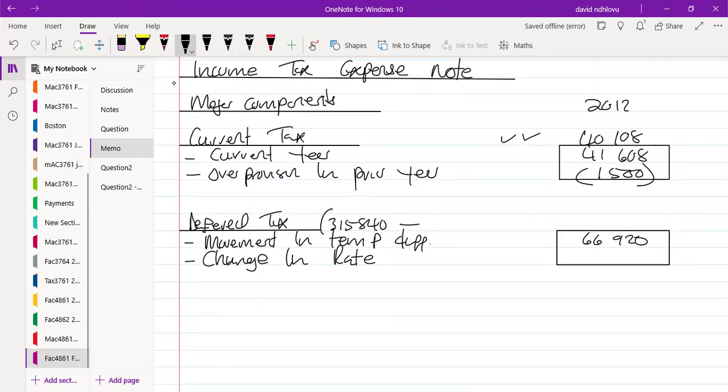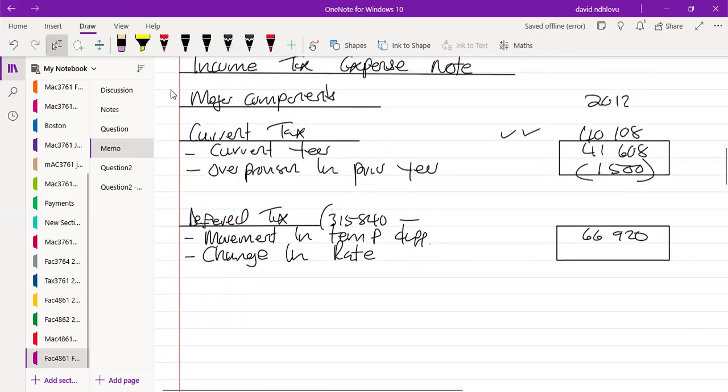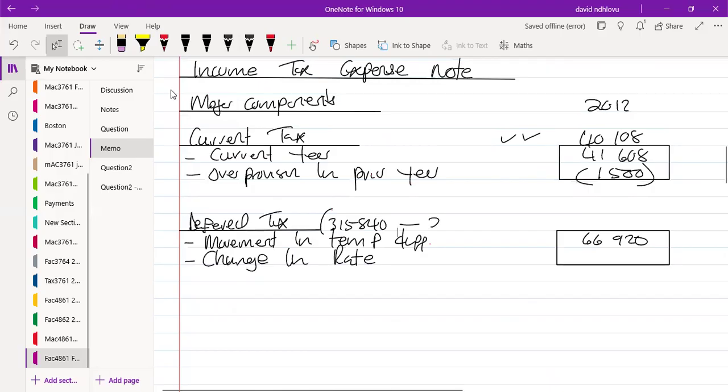Right, then you subtract the previous year's figure. They are all liabilities, which is 257,810. Right, so 315,840 minus 257,810.